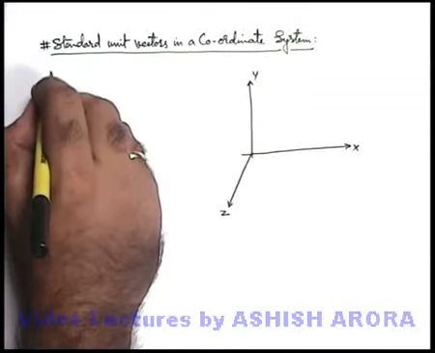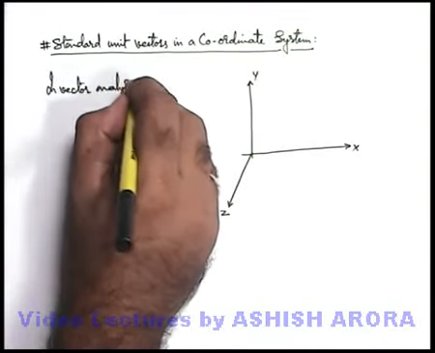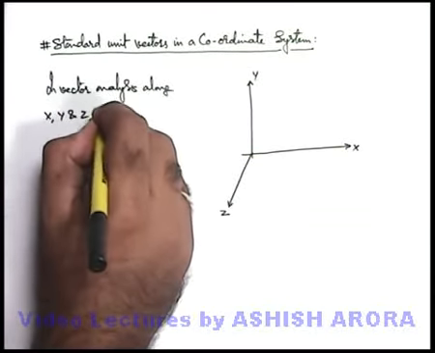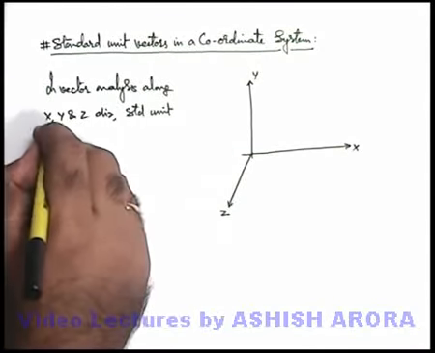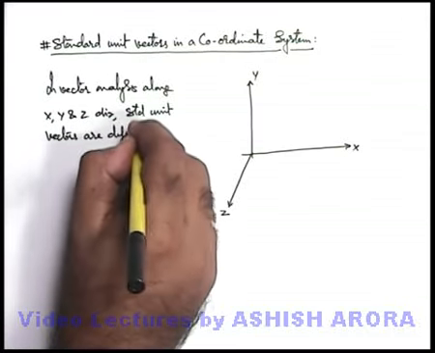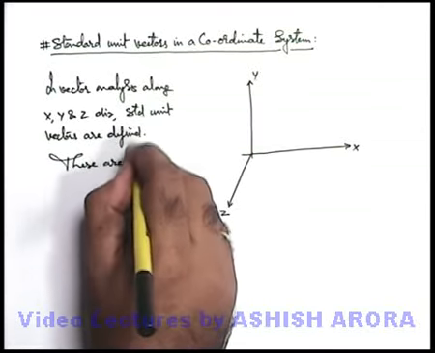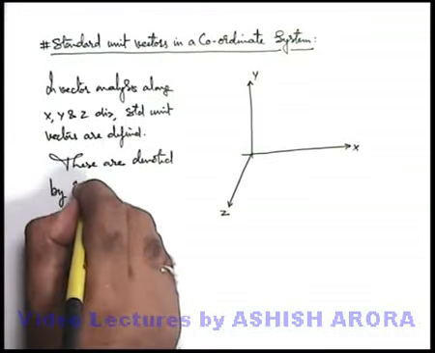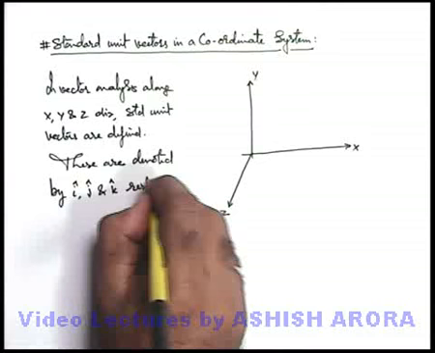In vector analysis, along the x, y and z directions, standard unit vectors are defined. These are denoted by i cap, j cap and k cap respectively.